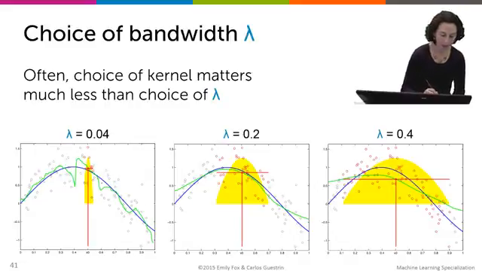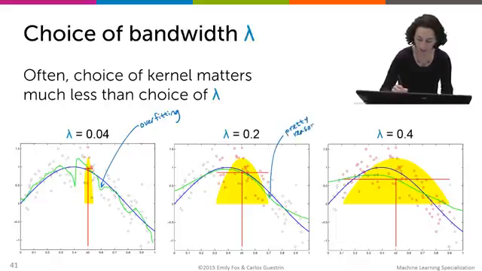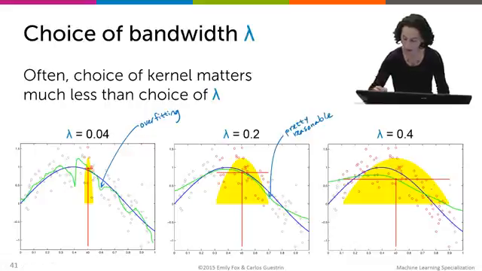Here, for example, we get much wilder overfitting. Here for this lambda value, things look pretty reasonable. But when we choose a bandwidth that's too large, we start to get oversmoothing.